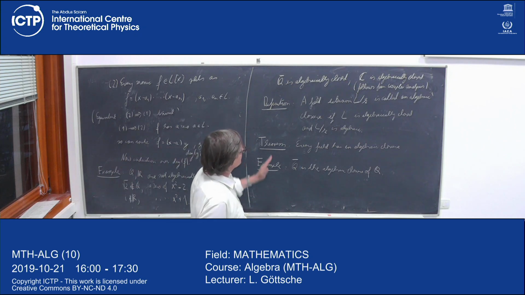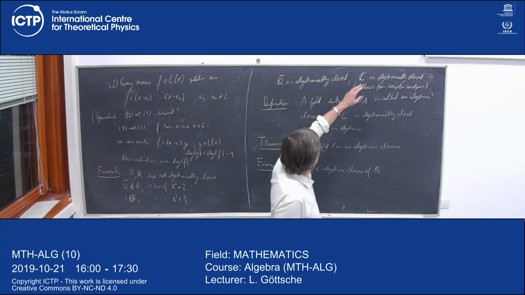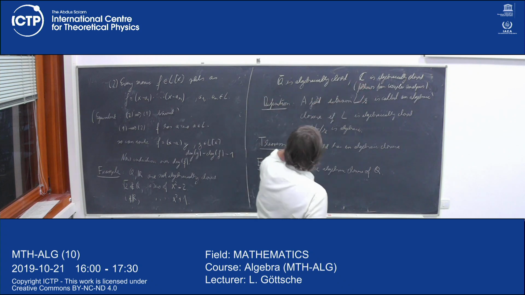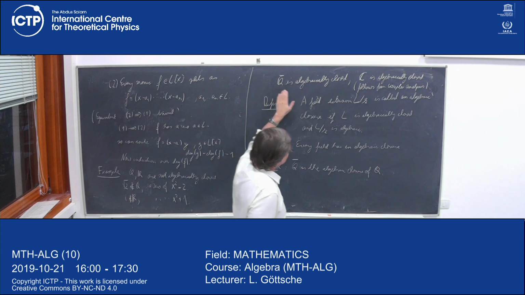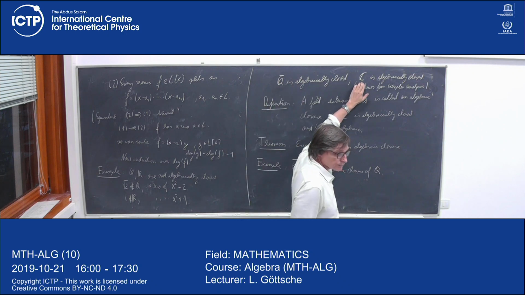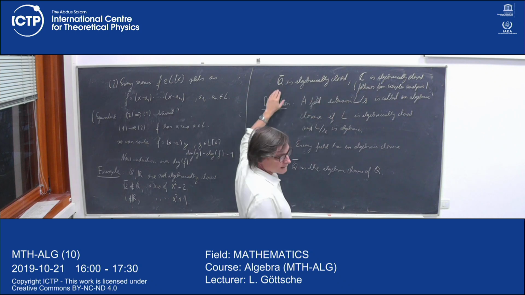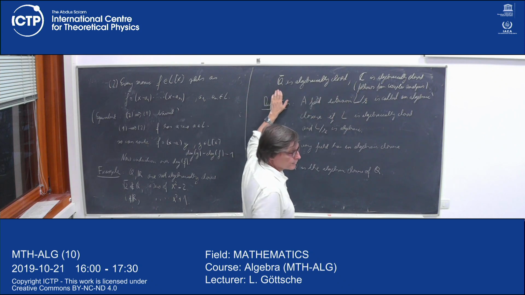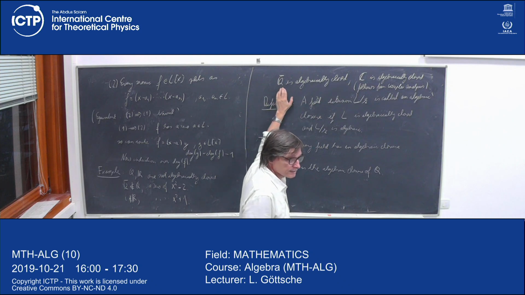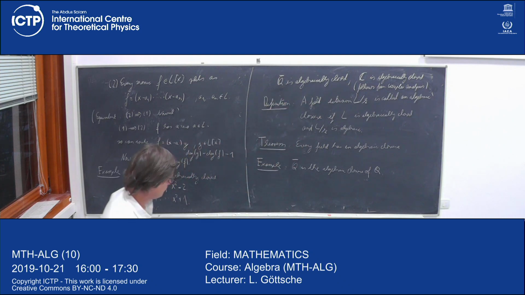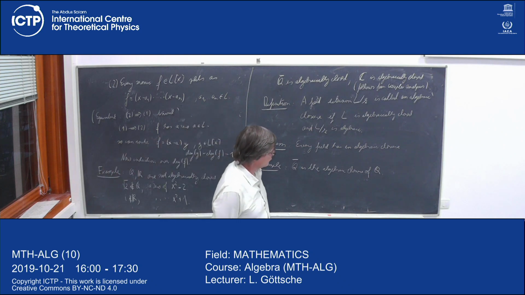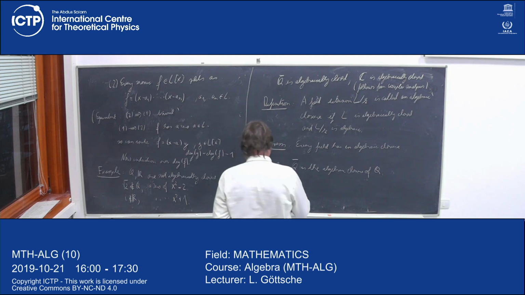But I should maybe have said that the fact that Q bar is algebraically closed follows from the fact that C is algebraically closed. Because I take all elements in C which are algebraic, and then we know that this will be algebraically closed. And obviously C is not the algebraic closure of Q, because C is much too big. Most elements are not algebraic. C is the algebraic closure of R.